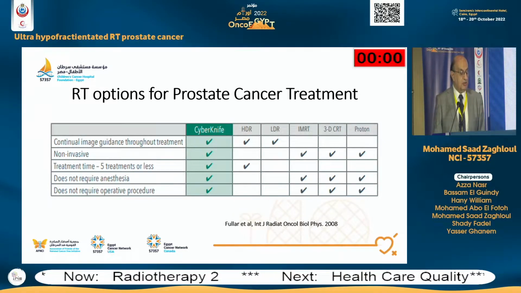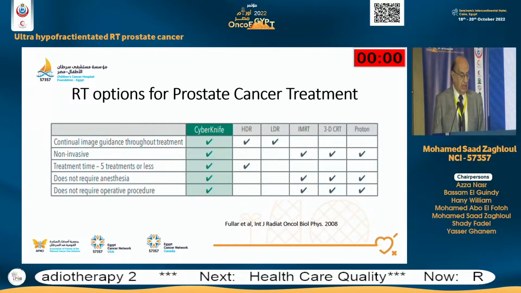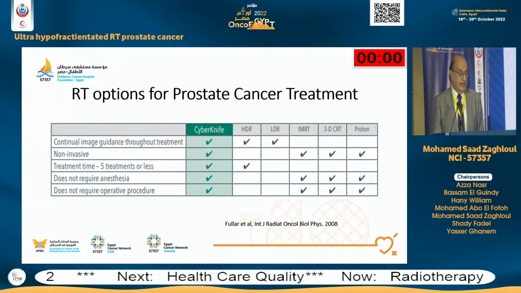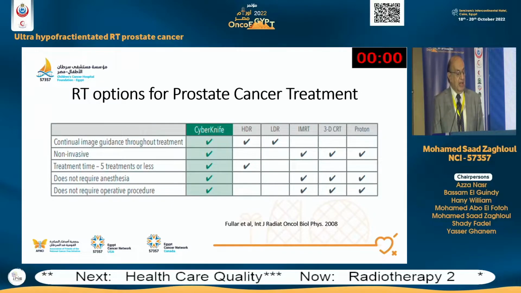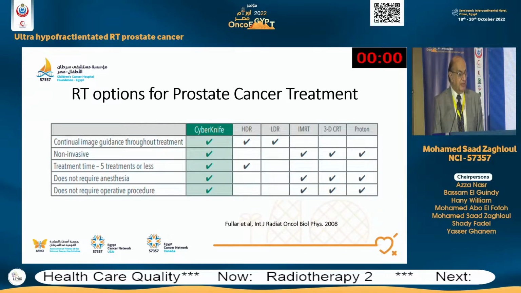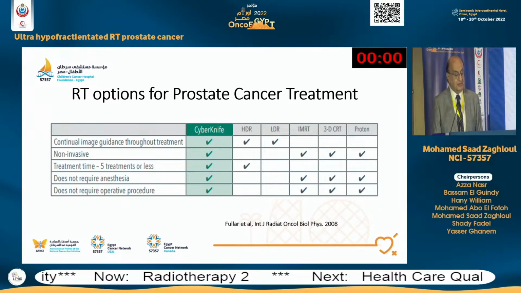The continual imaging guidance throughout the treatment, which is only for CyberKnife and brachytherapy. It's non-invasive. It's a treatment of 5 times or less, and doesn't require anesthesia and doesn't require operative procedures.